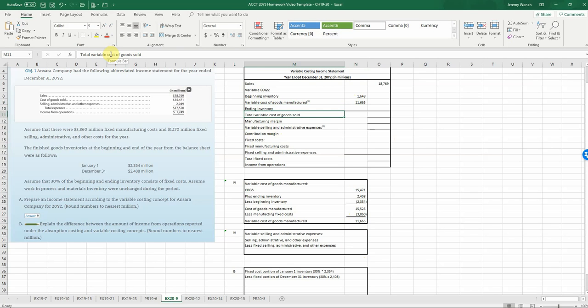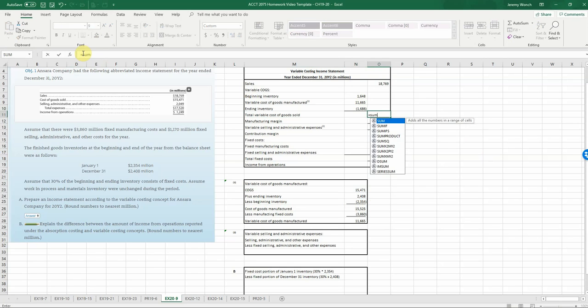And our ending inventory is the 2408. But we only want the variable portion, so we only want 70% of it. And we're actually going to subtract our ending inventory out. So now we have our variable cost of goods manufactured of 11,627. And that's going to give us a manufacturing margin of sales minus variable COGS of 7142.